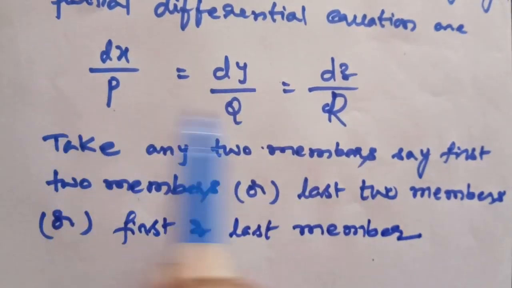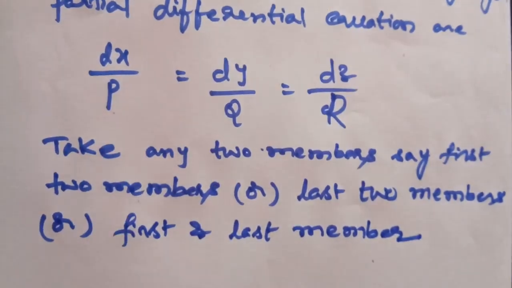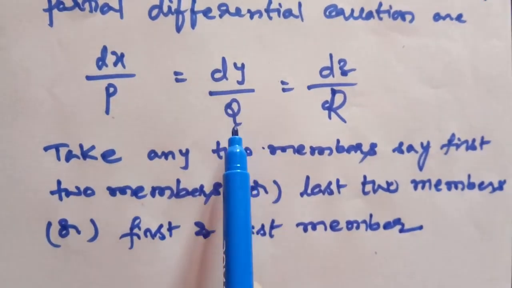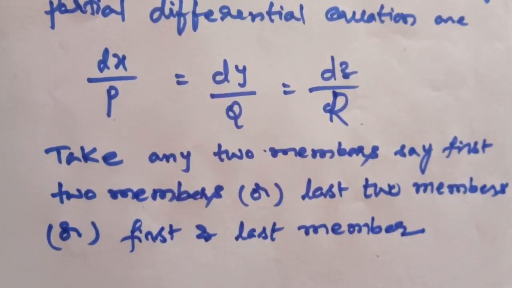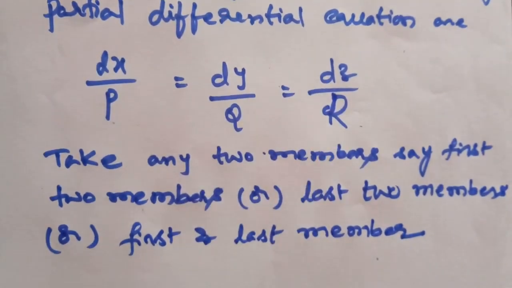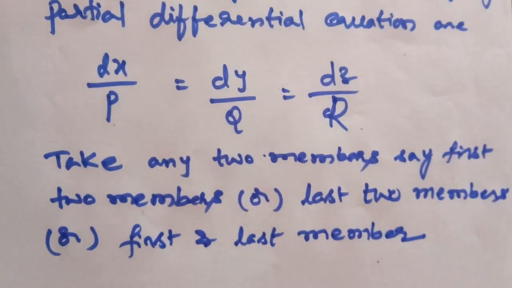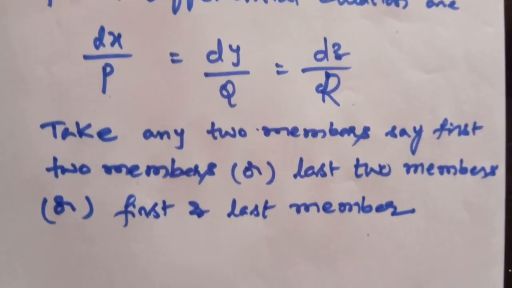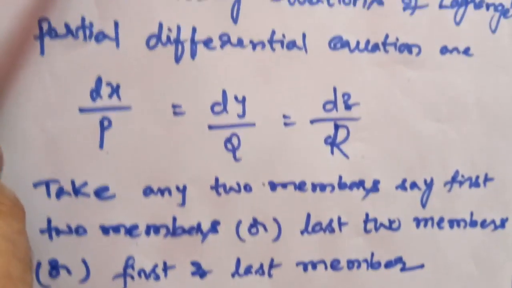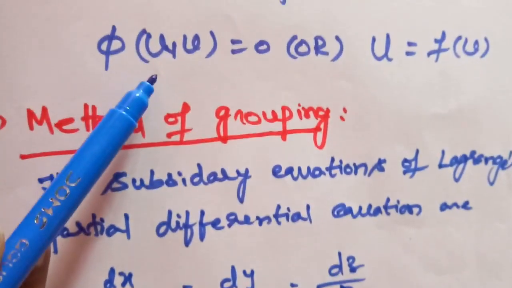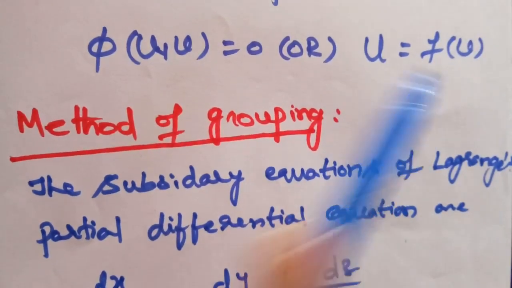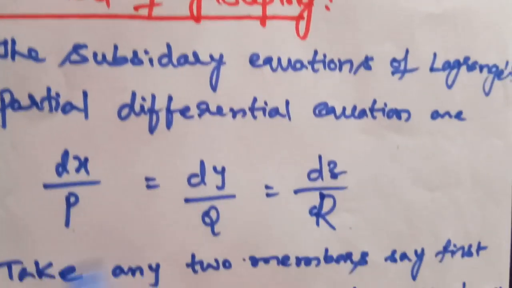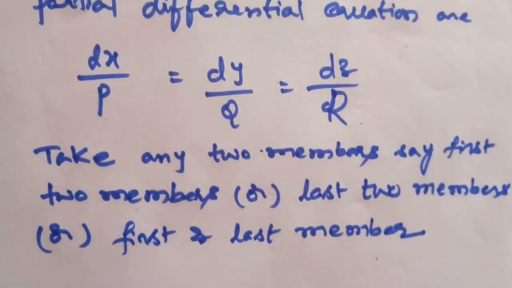From these equations, we take only two members. Either first and second member, or another group, second and third member, or first and third member. So any two groups give the solution as u is equal to a and v is equal to b. Our solution is phi of u comma v is equal to 0, or this can be written as u is equal to f of v.